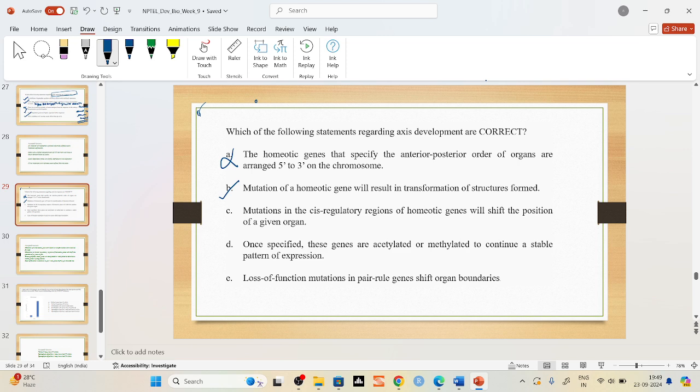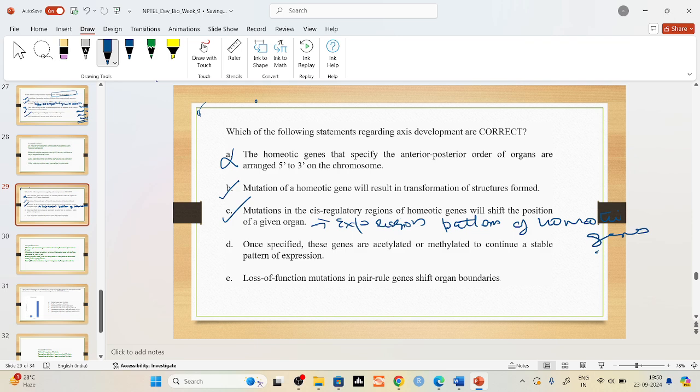So, mutations in cis regulatory regions of homeotic genes will shift the position of the organ, true, because it can change the expression pattern of homeotic genes.